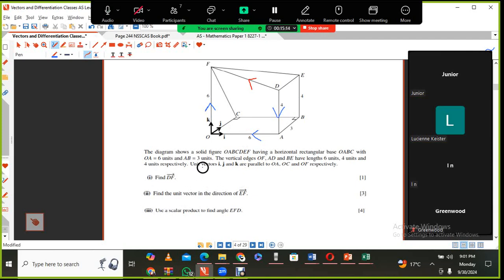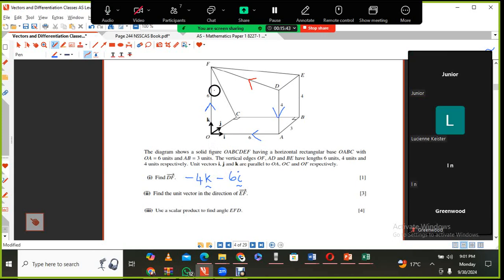Yes. But we're going to write it as unit vectors or base vectors. So this 4 represents the K. Can you see that? But if you go downwards and this one goes up, so you go in the opposite direction, so it's minus 4K. And then you are going from A to O. You are also going against this I, so it's minus 6I.